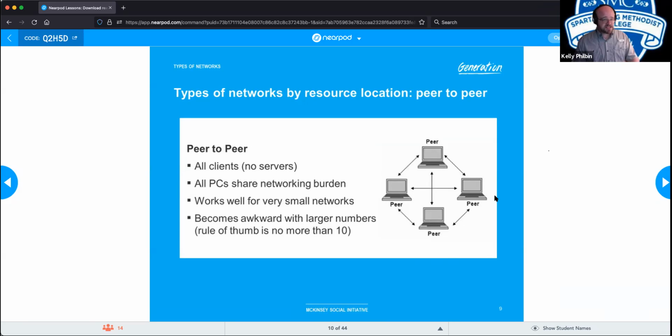So when they save their files on their own computers. And so let's say this person is accounting, this person is sales, this person is HR, and this is the manager.